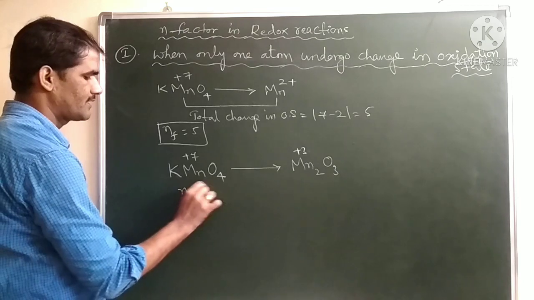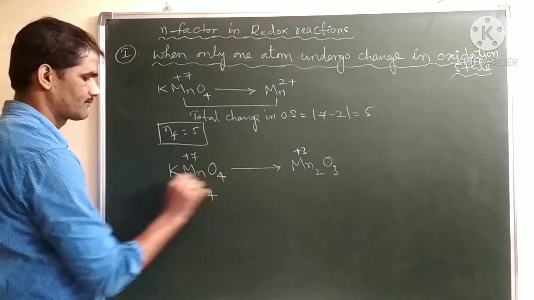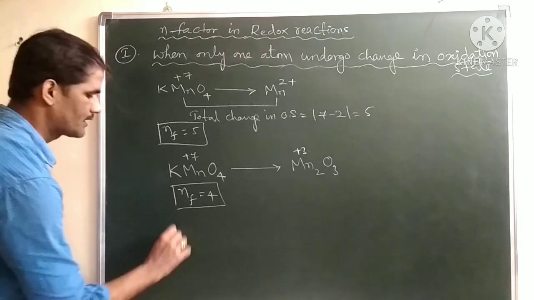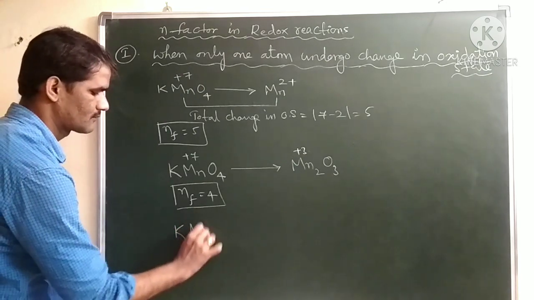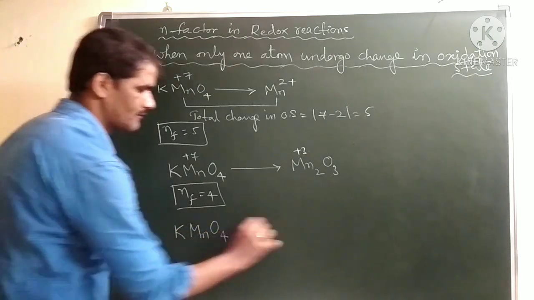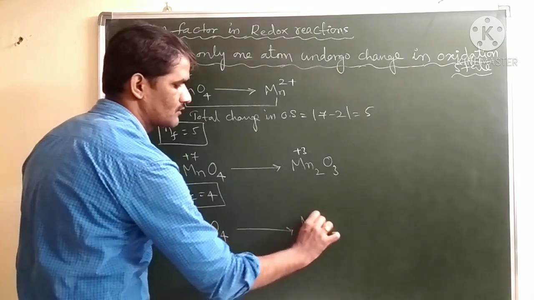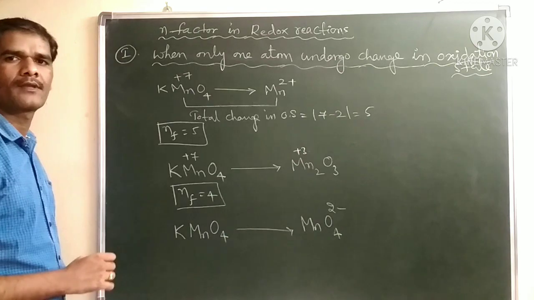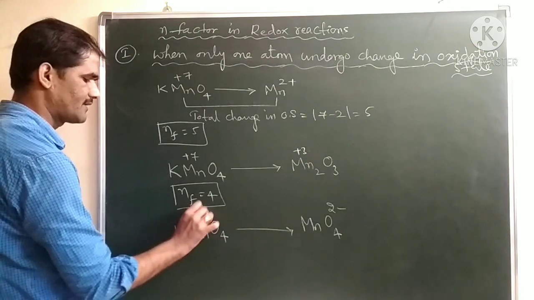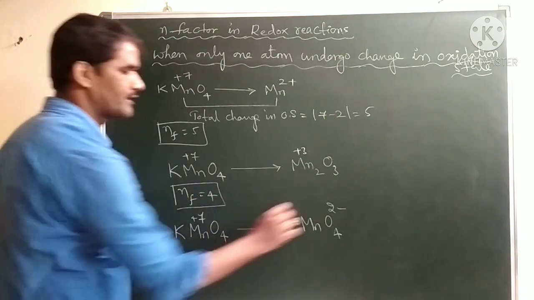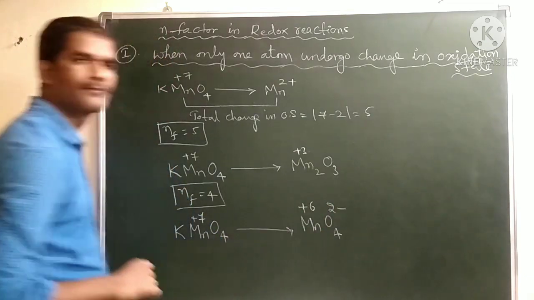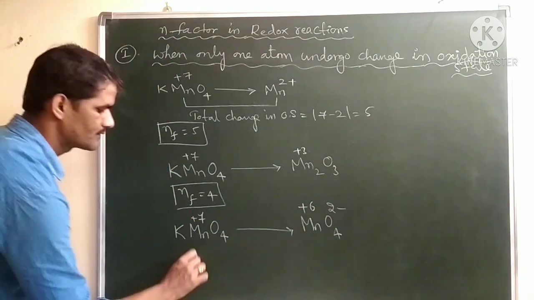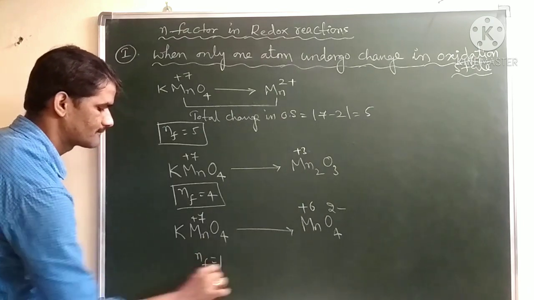So N factor here is 4. Similarly, KMnO4 may change to MnO4 2-. In this case it is +7, here it is +6. Now the change from +7 to +6 is 1. So N factor is 1.